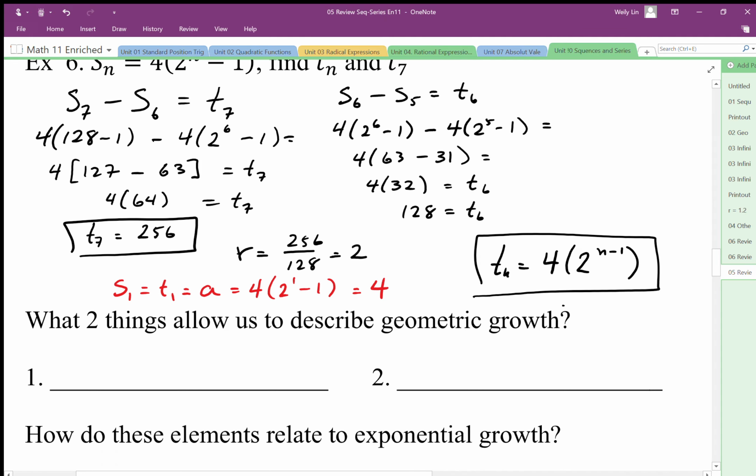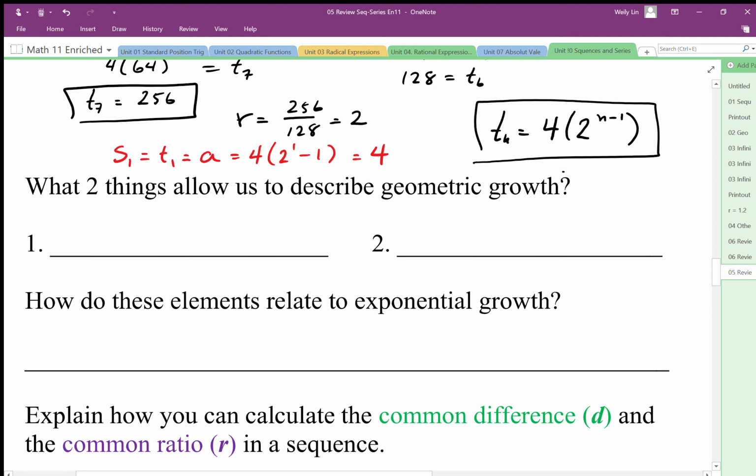So what two things allow us to describe geometric growth? The two things that we need are a starting point, similar to arithmetic, and the common ratio or common multiplier. We'll call that R. So how do these elements relate to exponential growth?